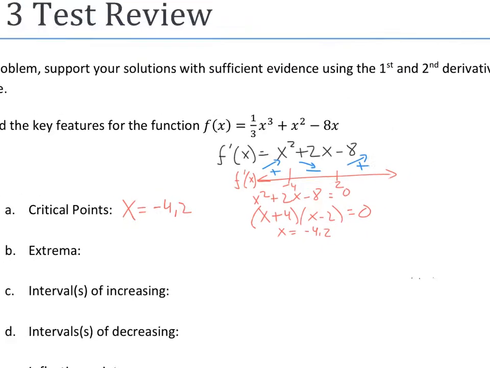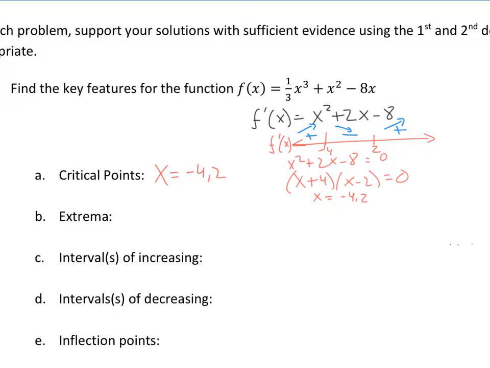So that means we've got some extrema. We're going to have right here, we're going to have a maximum. So we have a max at x equals -4. And we have a min at x equals 2. We don't care about the y values right now, just those are our x values. Increasing, well, we got increasing in these two intervals here.